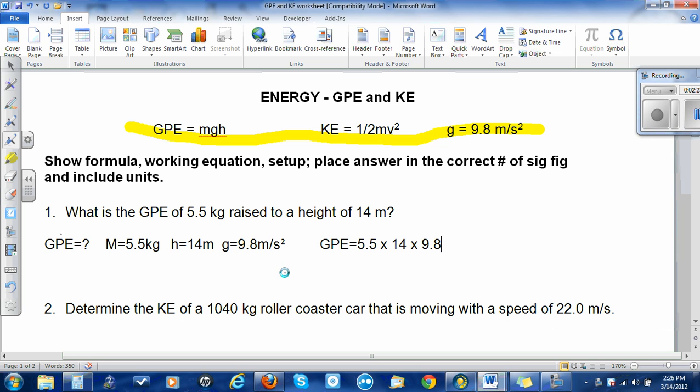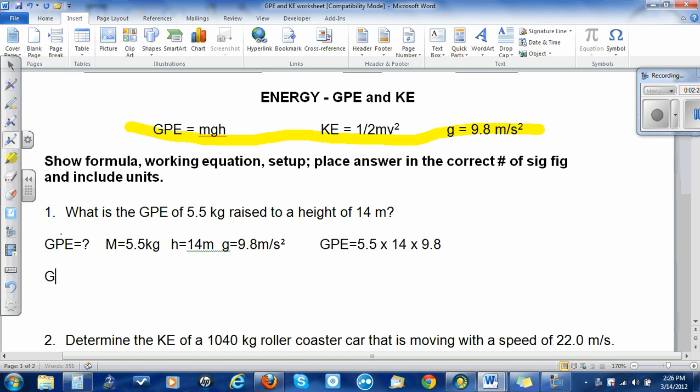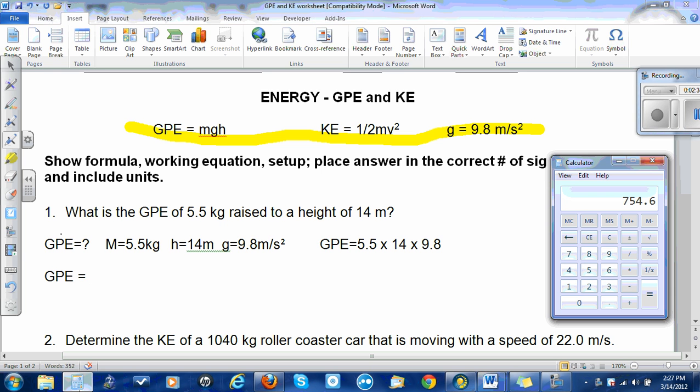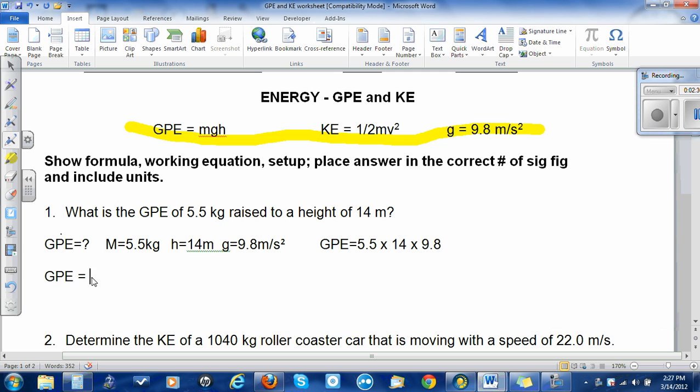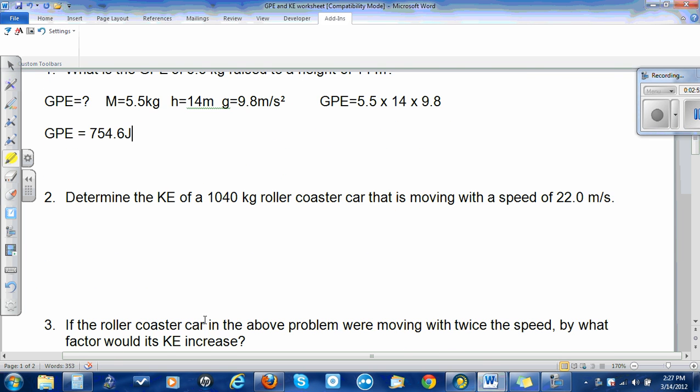So in this problem, GPE equals 754.6 joules. Okay. That's problem number 1.